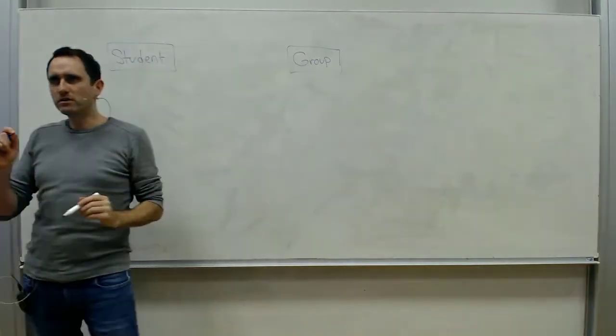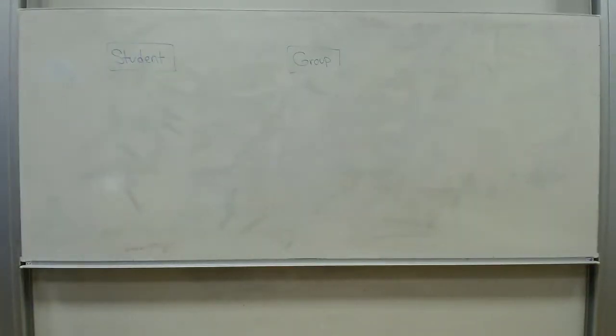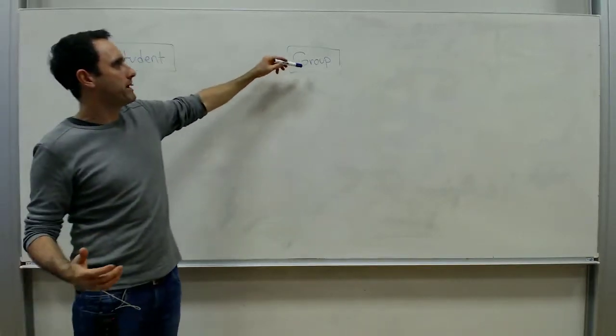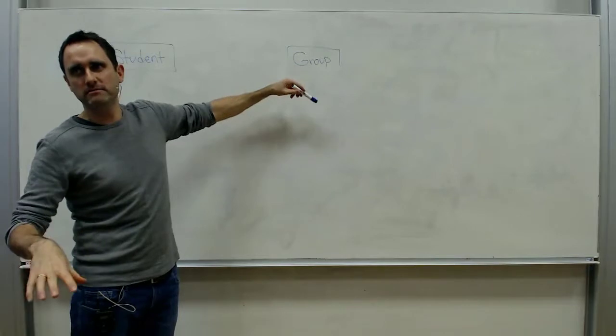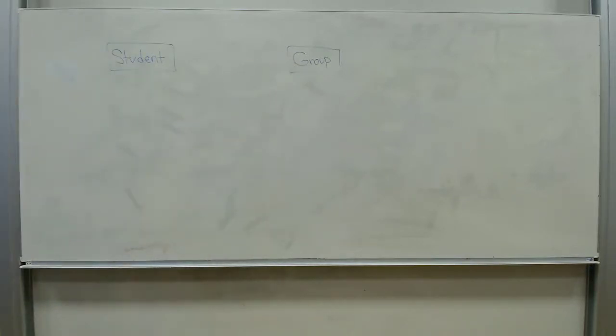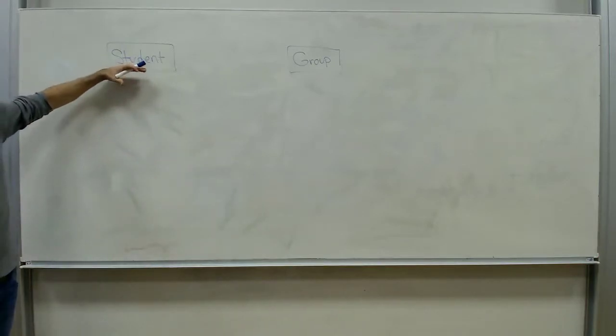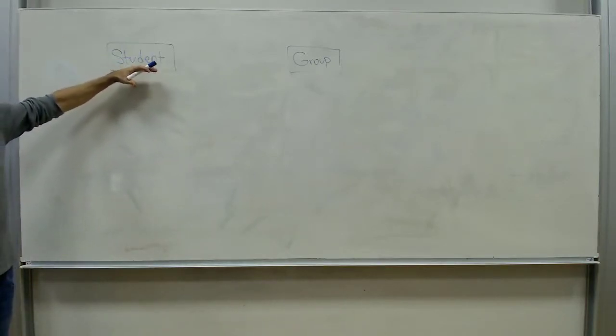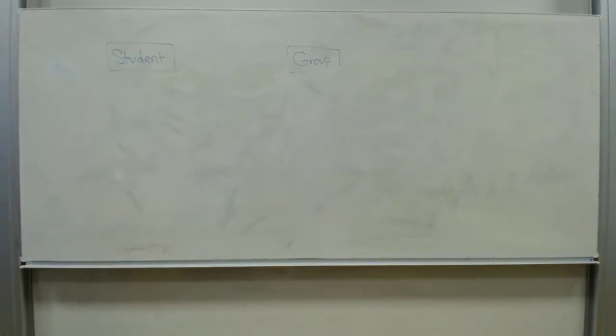I'll write down group because we usually have entity types in the single version. We have the entity type group and we have all the groups as entities below, but we usually use the single version to describe them. So we don't say students, we say student and group, and from the entity type student we have a lot of students under that, derived from that.